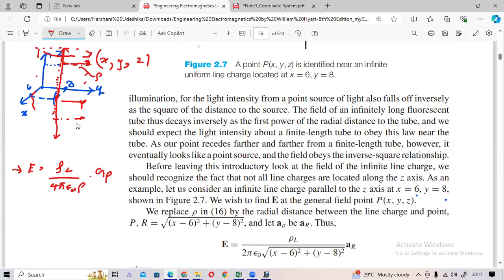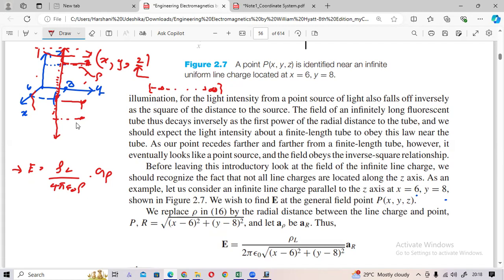So the E field is not affected by the Z coordinate. For every Z value, from minus infinity to plus infinity, it will not change. It will be a constant, because from here to here it is constant.